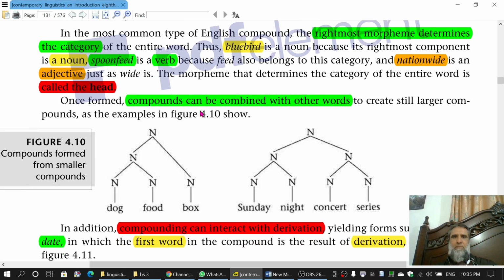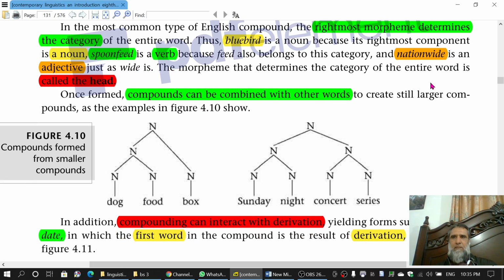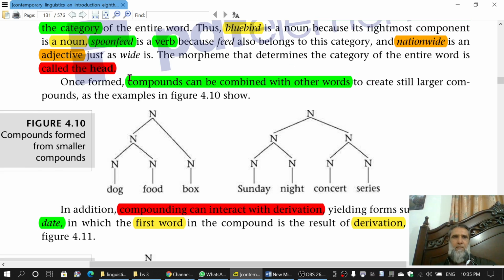The morpheme that determines the category of the entire word is called the head.